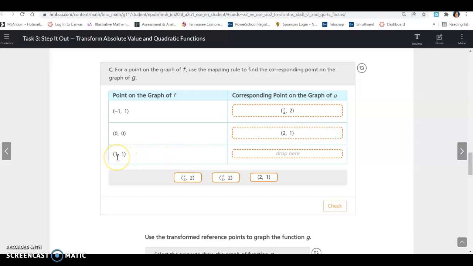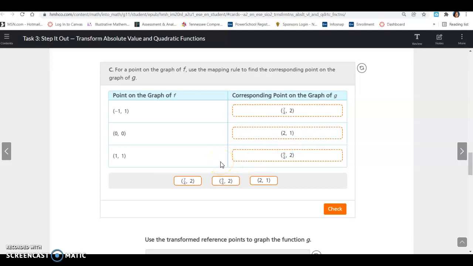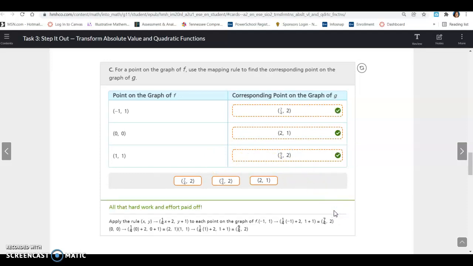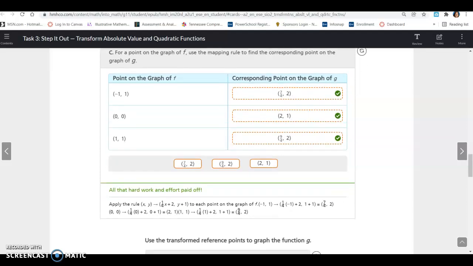And then the next x value, if I plug in 1/4 times 1 is just 1/4. 1/4 plus 2 is 2 1/4. 2 1/4 is the same as 9/4. Just converting from fractions to improper numbers. And those are your new coordinates. So these are the new coordinates for the transformed graph, for the graph of G.